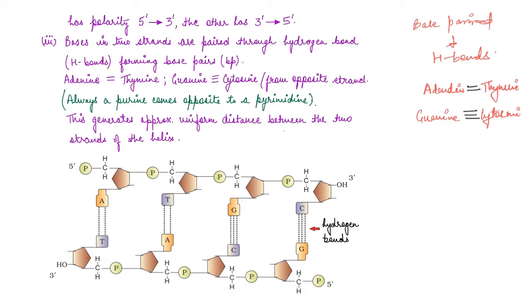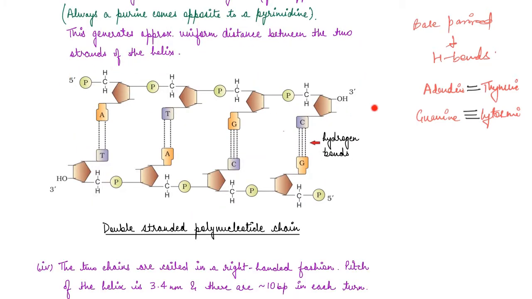And this is from the opposite strand. If you see here, this is one strand and this is the other strand. The complementarity is opposite: this is running 5 to 3, this is running 3 to 5. Here are the nitrogenous bases, see how they are attached to the opposite strand. There are two hydrogen bonds between adenine and thymine, and three hydrogen bonds between guanine and cytosine.